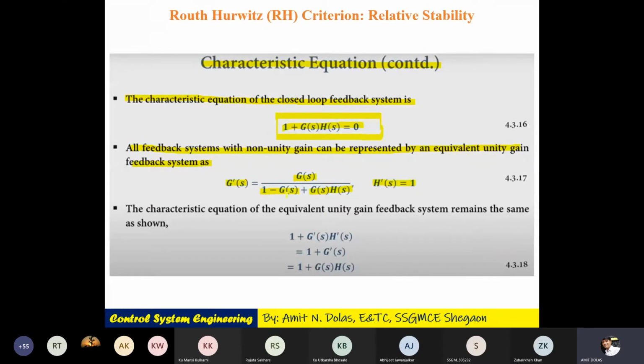If you work on this, the characteristic equation of the equivalent unity feedback system, the same as shown, that is 1 plus G dash of s into H dash of s, will be equal to 1 plus G of s into H of s.